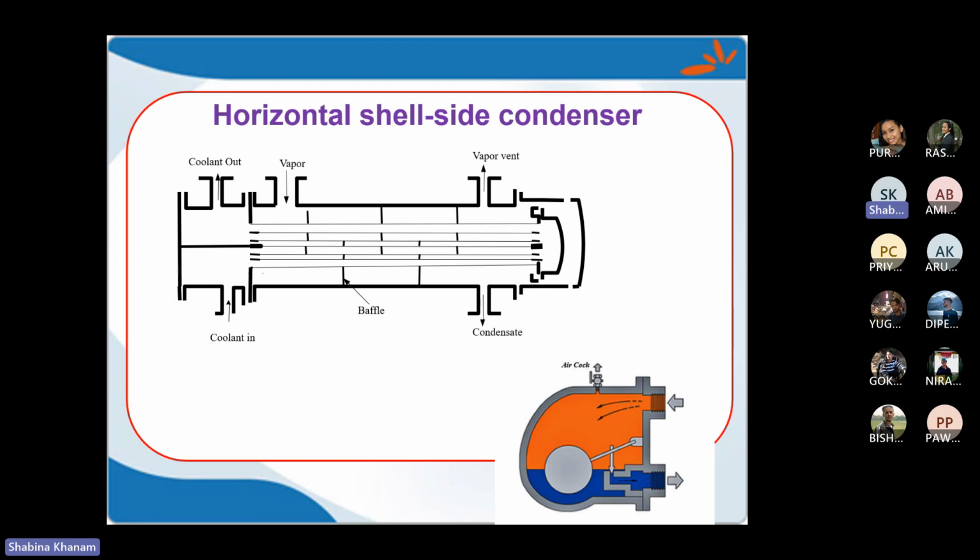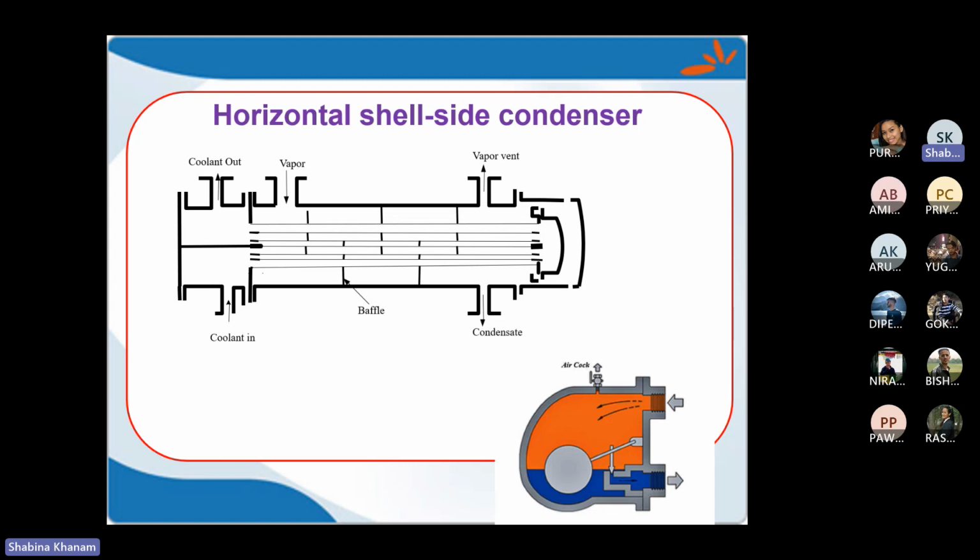The baffle cut should be vertical because we prefer side to side movement of the vapor instead of sinusoidal. Apart from that, we used to have an E type shell, and baffles with a vertical cut and a V notch at the bottom, so that condensate can be released easily.